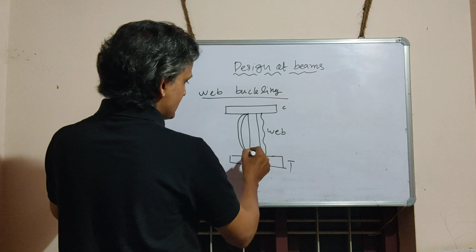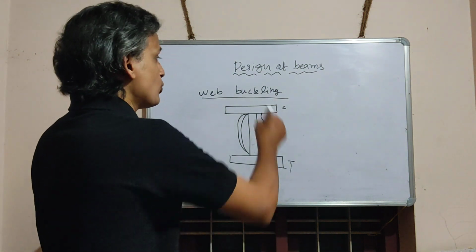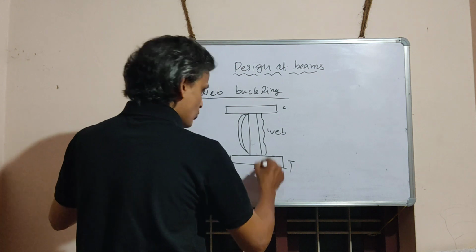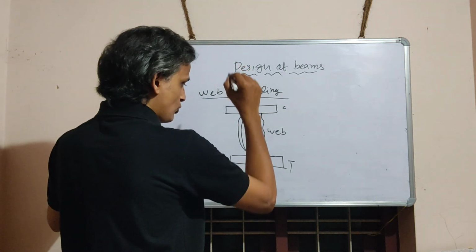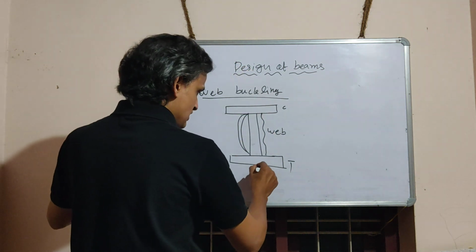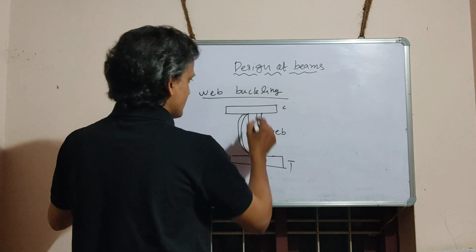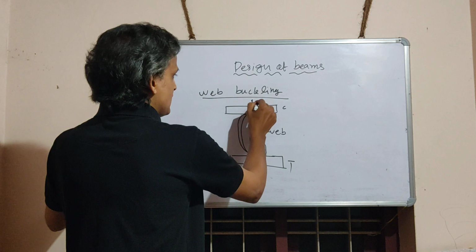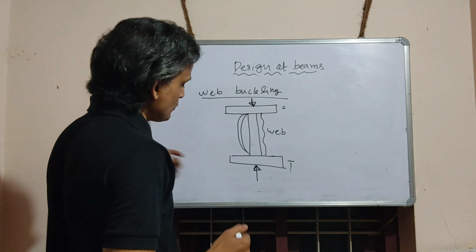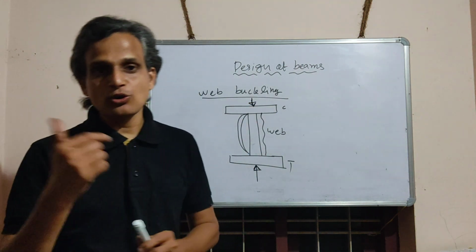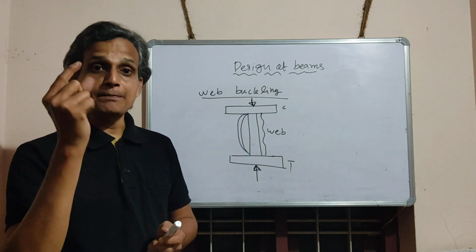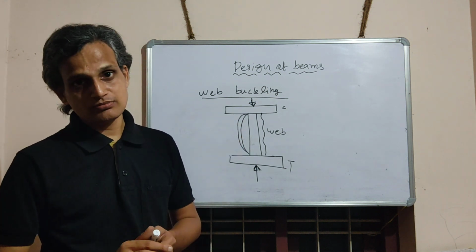Slender members have a tendency to buckle due to the application of external concentrated load or support reaction. This is the support reaction condition. External concentrated load. Due to this external concentrated load and support reaction, the thin web portion may buckle out.